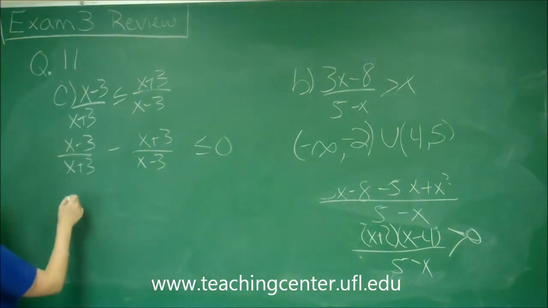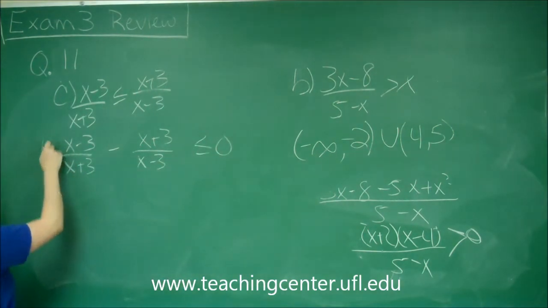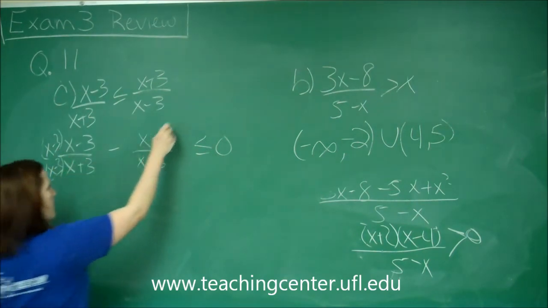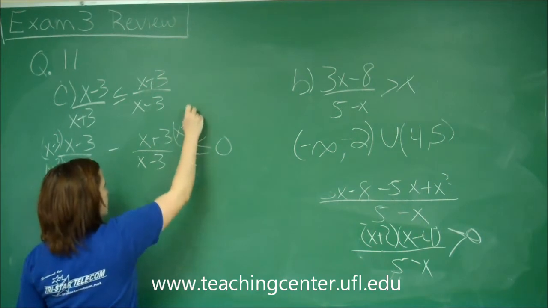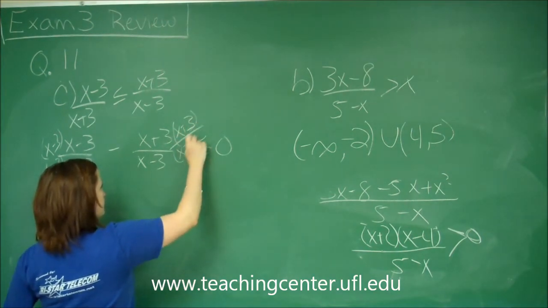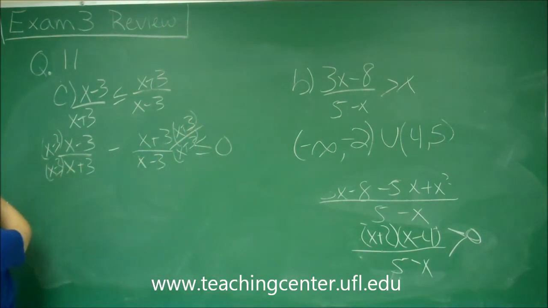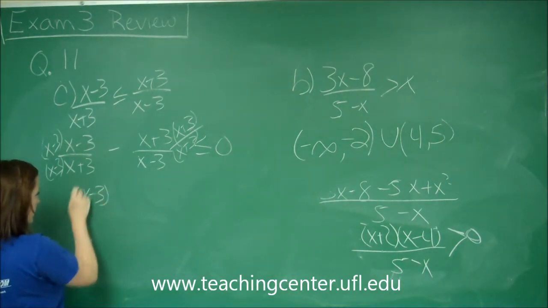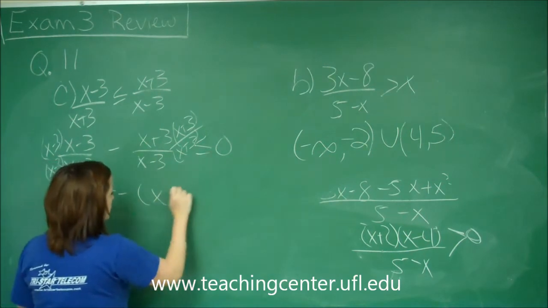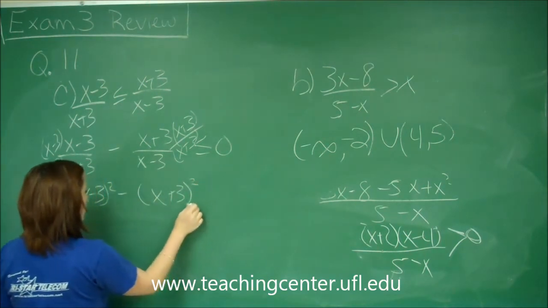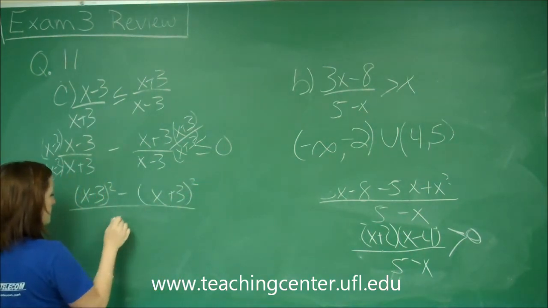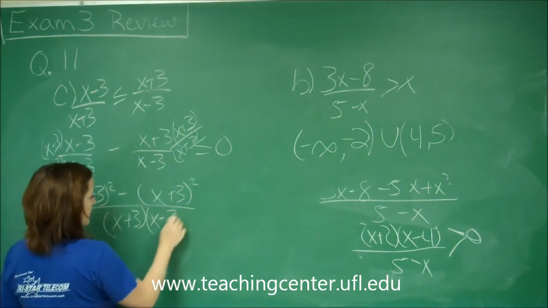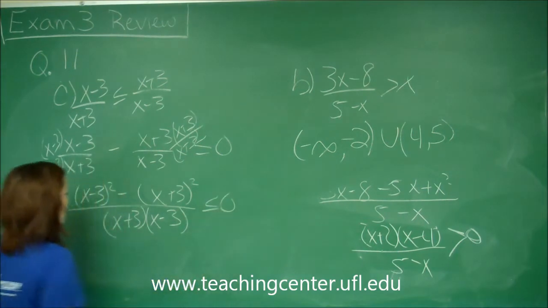We're going to find a common denominator, so we need to multiply this one by (x - 3)/(x - 3), and this one by (x + 3)/(x + 3). So I get (x - 3) quantity squared minus (x + 3) quantity squared all over (x + 3)(x - 3), and all that has to be less than or equal to 0.